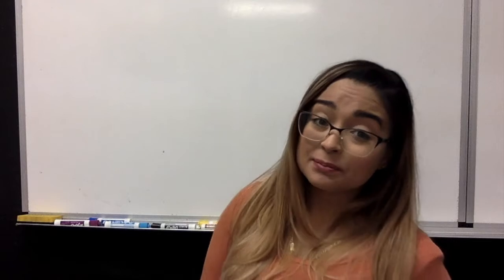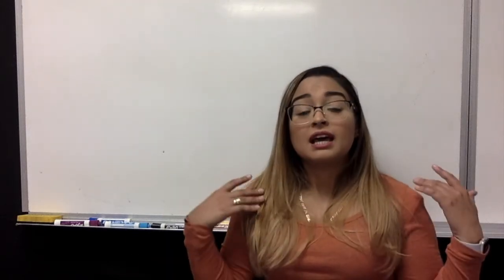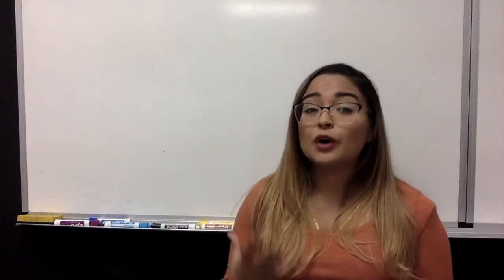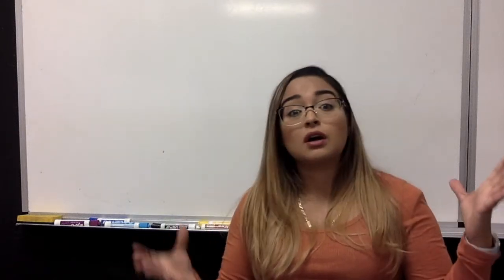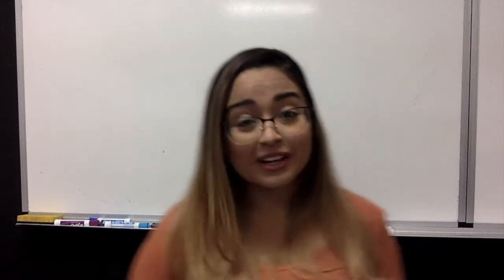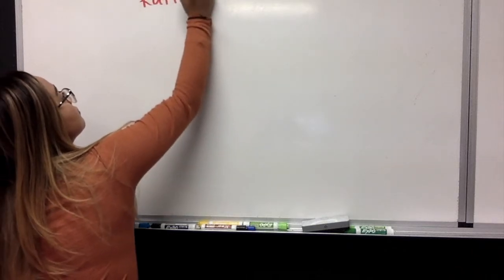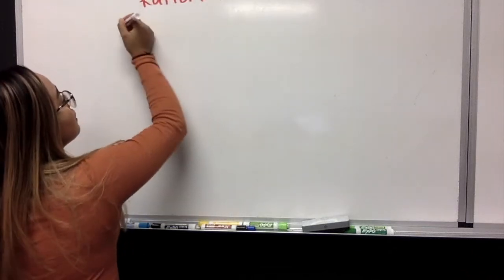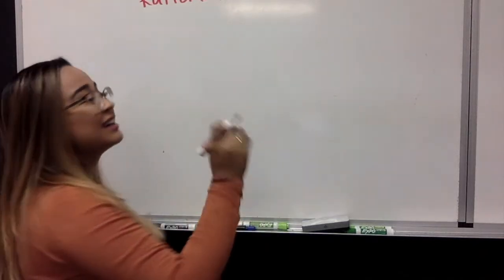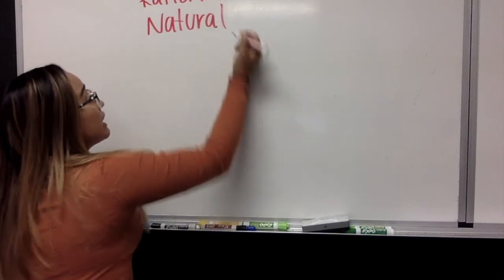In concept 3, we learned about adding and subtracting real numbers. We also learned what real numbers were, which are rational numbers and irrational numbers, and what goes under what. Let's go over that very quickly. Rational numbers start with natural numbers.